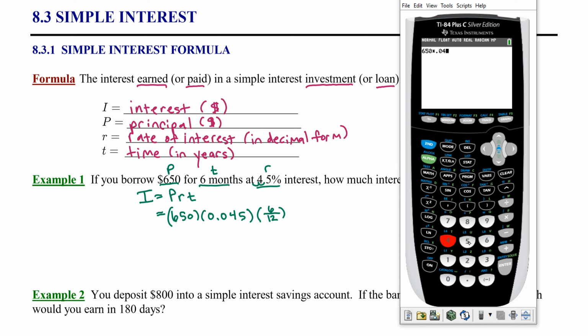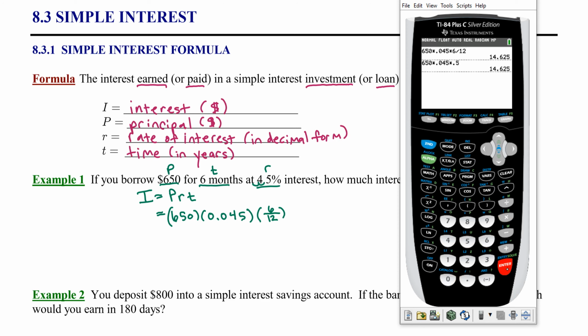Okay, so let's calculate it. 650 times 0.045, and I'm just going to type this in, times 6 divided by 12, which, notice, I would get exactly the same thing if I typed in 1/2 or 0.5 for T. So we get 14.625.